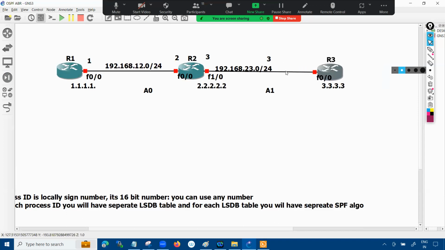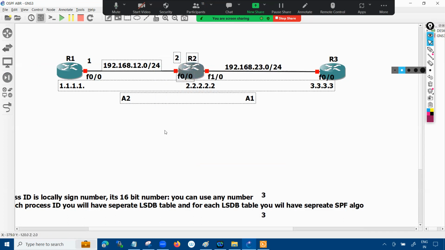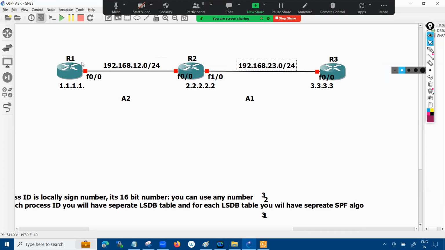I can call this area number 1 and I can call this area number 2. Understand the concept? We just have area number 2 and area number 1. This is 12.1 and 12.2, and this is 23. Let me remove this. So we have 12.1 and 12.2, and we have 23.2 and 23.3.